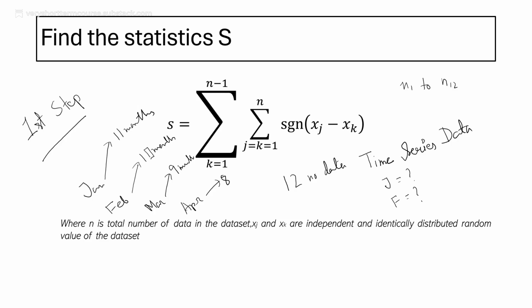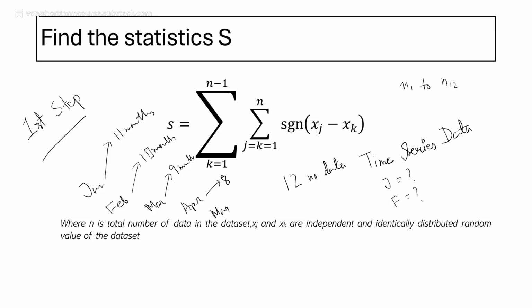Now the catch. Then April data, then May, June, July, August, September, October, November, December, right? So when you are comparing the data of December, you see you already compared the data with all the other 11 months. So practically for December you will not find any data because already you have compared, right?